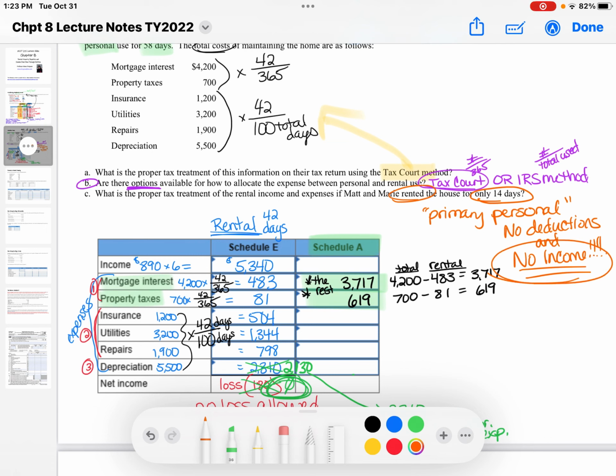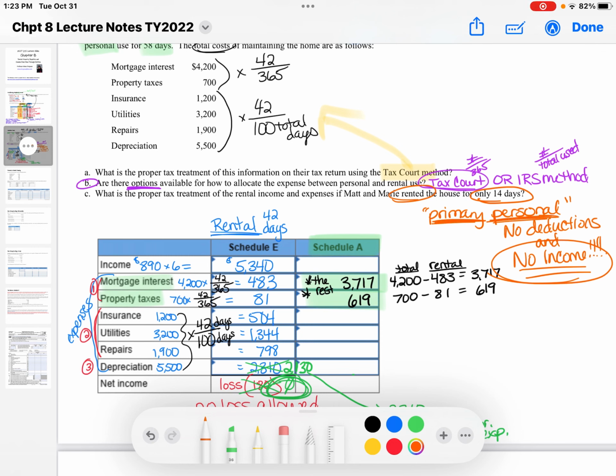And guess what? They did not have to claim the income. Of course, they couldn't do any deductions except these two, right? Mortgage interest and property taxes. You can always do those, but they didn't have to claim any of the income. It's incredible.